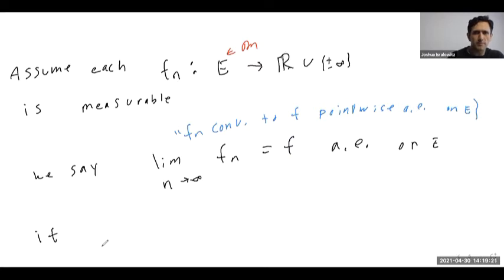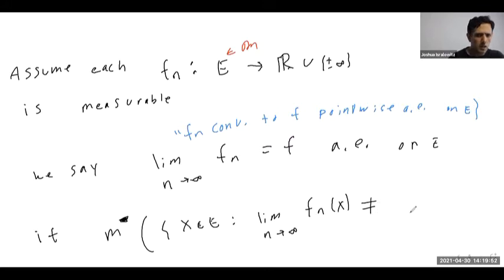Probably other similar wording. So we say this is true if the obvious thing is true, and at this point we don't know if this set is measurable or not. So let's use outer measure, and not that it matters because we're assuming it's 0. This set here, the set of all x where Fn of x does not pointwise converge to F of x, has measure 0.